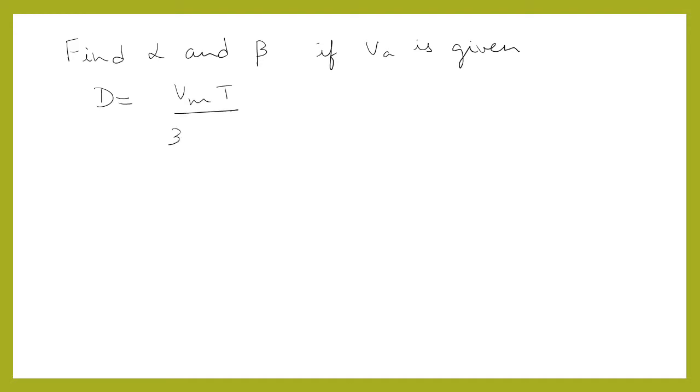Suppose we have to find alpha and beta if the average speed is given. We have the equation of D as Vmt by 3600 minus Vm square by 7200 alpha minus Vm square by 7200 beta.